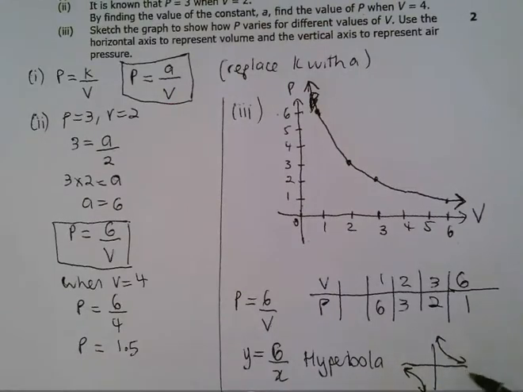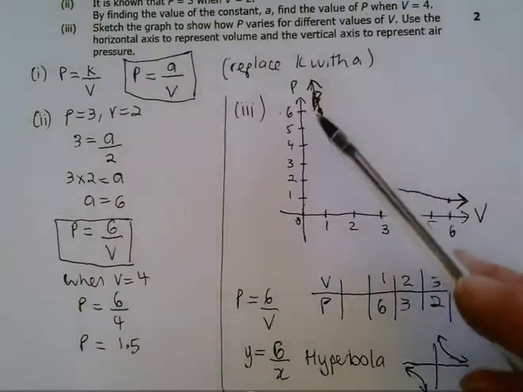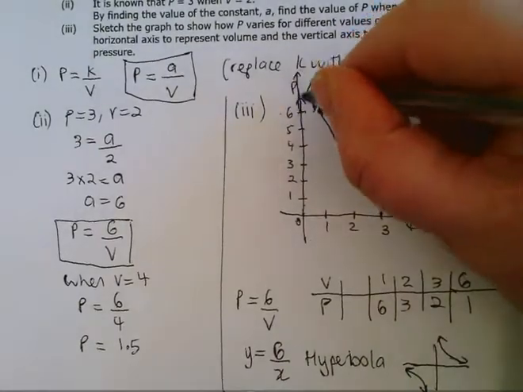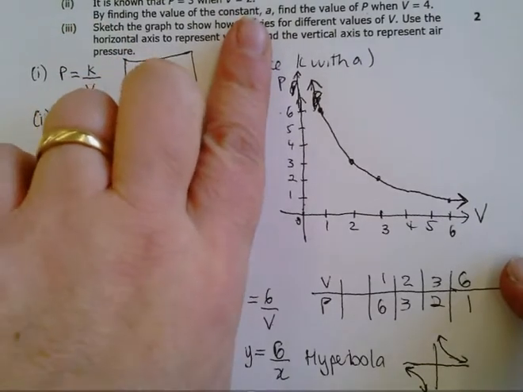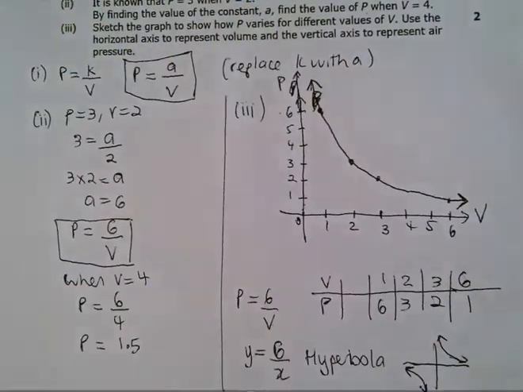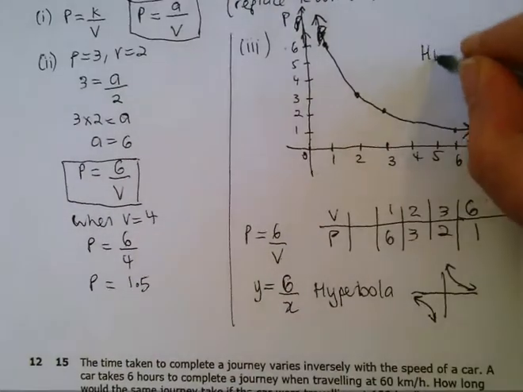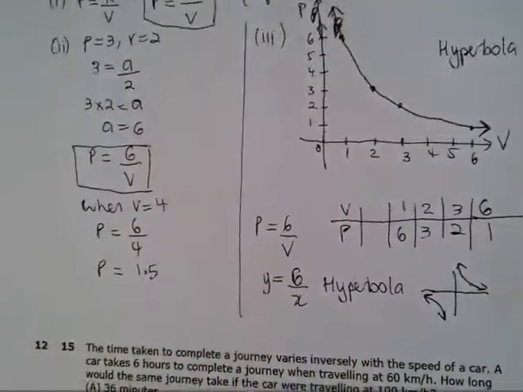Remember that the V axis and the P axis are both asymptotes. So that is the sketch of the curve. Please put arrows on the ends. You do not want it cutting either the y-axis, which is the P axis, or the x-axis, which is the V axis. So the shape is a hyperbola, but we only want the quadrant 1 section of it.